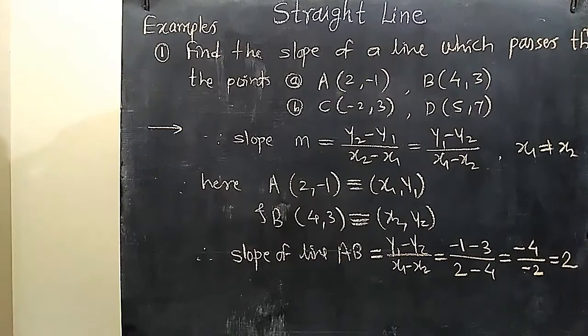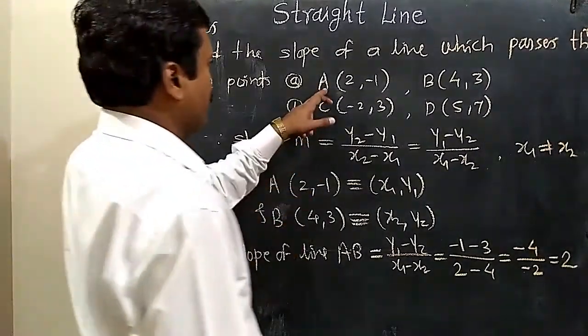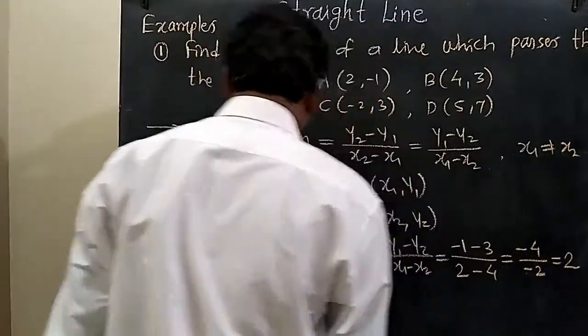So here the slope of line AB is equal to 2.